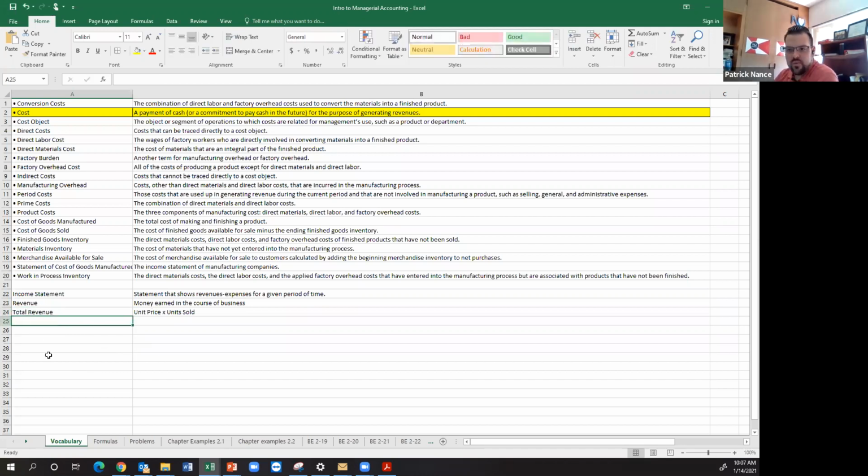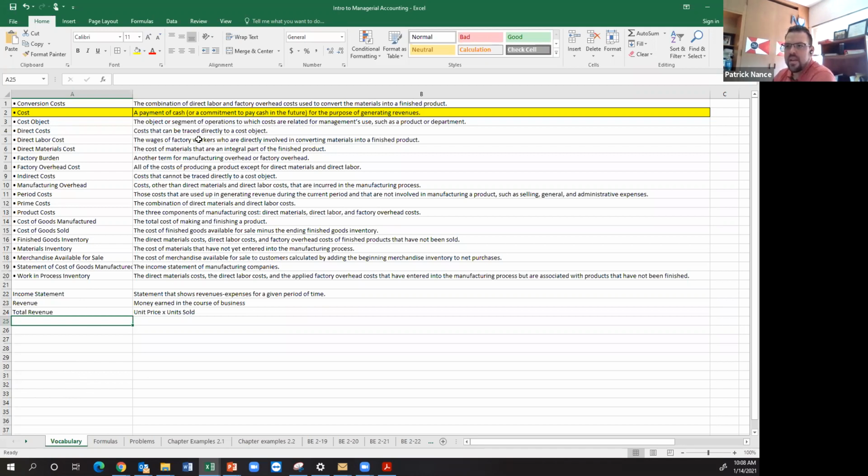Now you're going to want to be careful throughout the whole class to pay attention as to whether they are asking for something in total or asking for something per unit. Almost every calculation we do in this book can be done either per unit or in total, but they'll always have to tell you which one they want. They'll say total revenue or revenue per unit, or they'll say, we haven't gone through it yet, but direct costs in total, or direct cost per unit, or something along those lines. So make sure and pay attention to that.